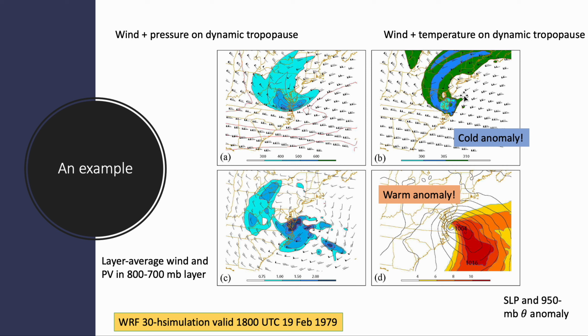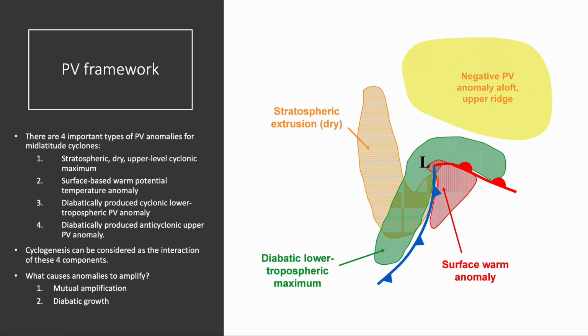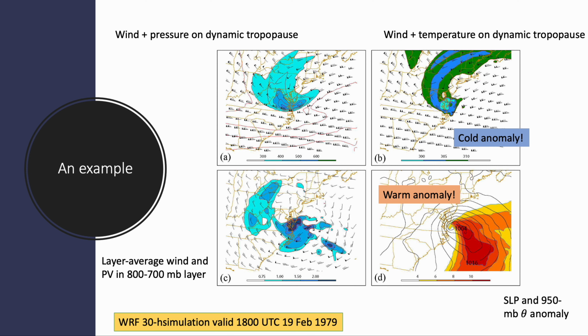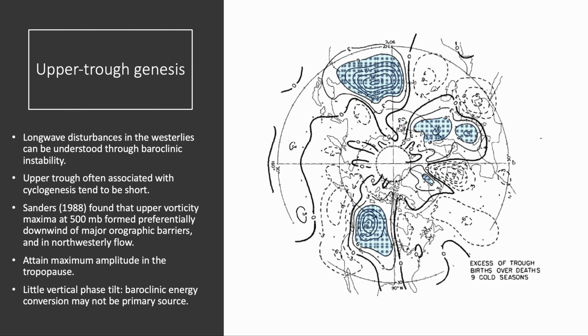Then over here, we have wind and potential temperature on the dynamic tropopause. And then we have layer average wind and PV in the 800 to 700 hectopascal layer. And finally, sea level pressure over here with temperature anomaly. So this is showing very nicely the warm anomaly term over here. You can see it pretty nicely over here.